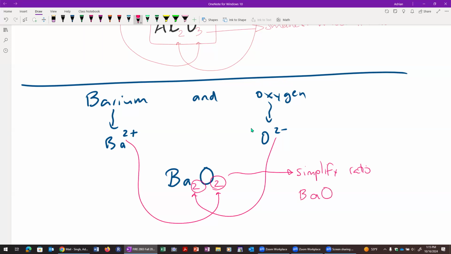The way that I simplify it is I can divide both of them by 2, the lowest common multiple of each of those. So they cancel out, and you end up with 1. And this is how we end up with BaO as your final answer. You don't want to leave it as Ba2O2. No, you want to get the smallest whole number ratio possible for your ionic compounds.